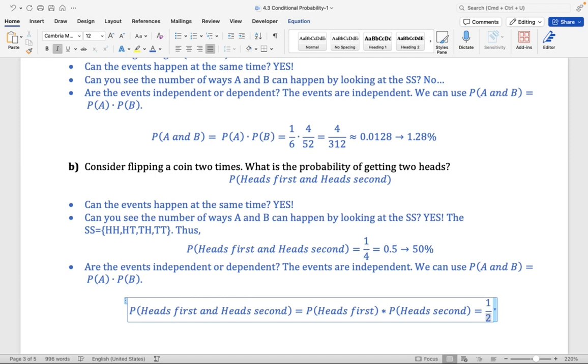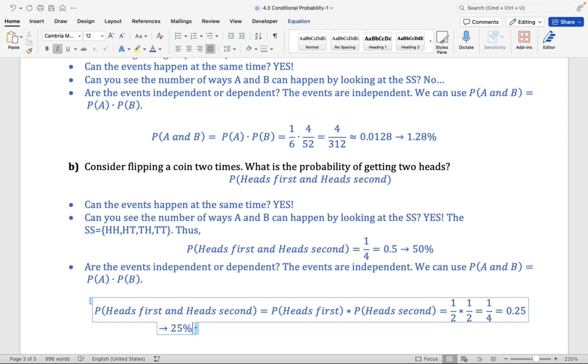The 2 outcomes that we have here is heads, the other one is tails. So we'd have 1/2 times, what is the probability of flipping the coin again and getting a heads? This would be, again, 1/2. If we multiply this, we get 1/4, which is equal to 0.25, which is 25%.